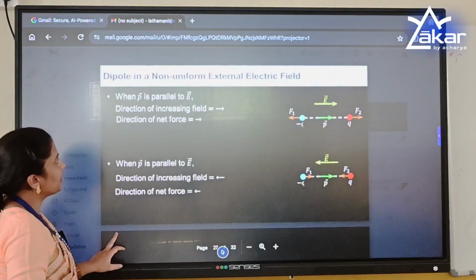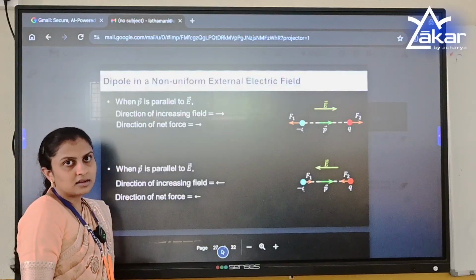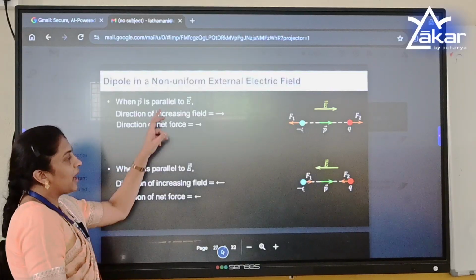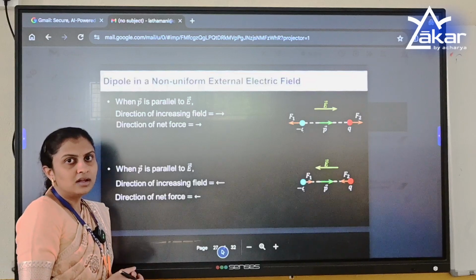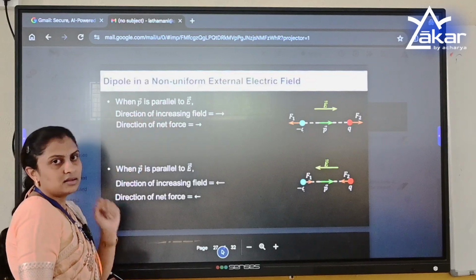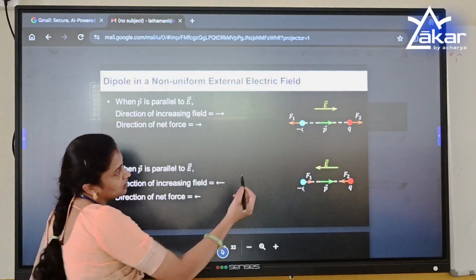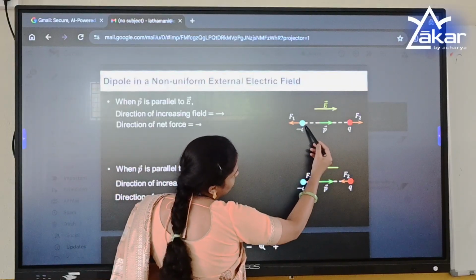This is an important point. When the p vector, the dipole, is parallel to the E vector, that is, when you take a uniform electric field and place the dipole parallel to it, you can see the dipole here.